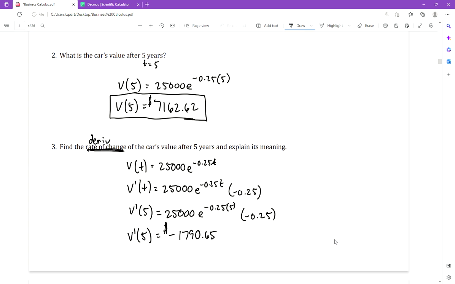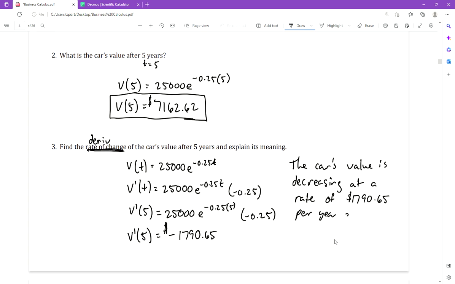Okay, but it's a derivative, so this makes sense because this is saying the car's value is decreasing. So we've got the car's value is decreasing at a rate of $1,790.65 per year after 5 years.